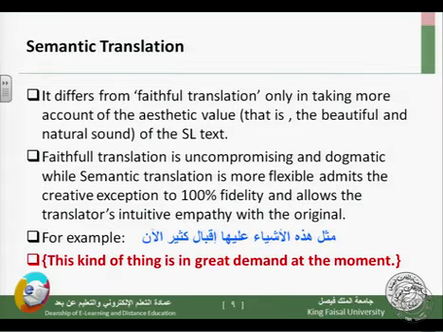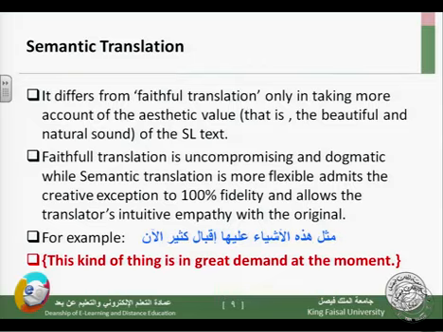The faithful procedure is uncompromising. It means if you say to me, look, I want to be faithful to the source text, I'm not going to sacrifice the meaning and the intentions of the writer for the beauty or the colorful aspect of the text.